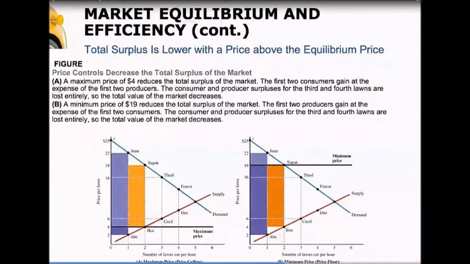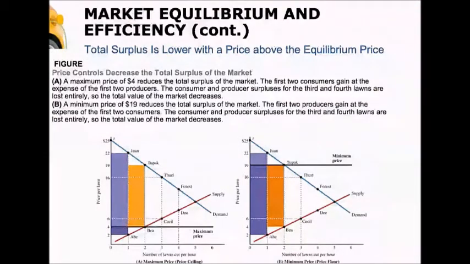If we look at the consumer side, Juan is far better off. Juan was willing to pay $22, at equilibrium was paying $10, but now is only paying $4. So consumer surplus for Juan has risen tremendously, and the same is true for Tupac. But Thurl and Forrest and Cecil and D, who used to be producing and consuming in this market, are no longer doing so.